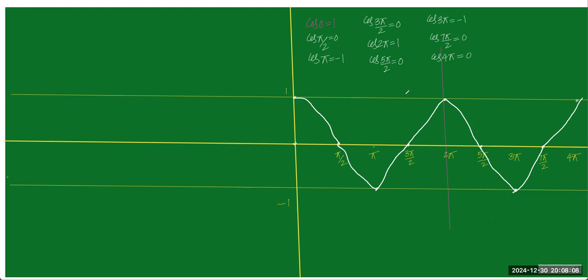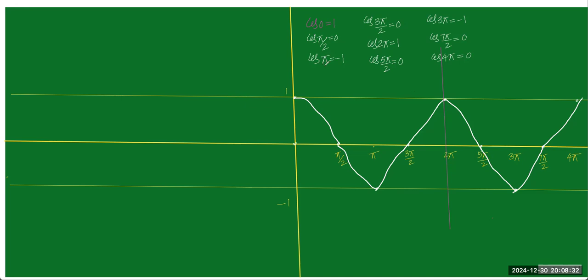And how will you start it? You should go first: cos 0 is 1, cos pi by 2 is 0. Then immediately go to cos pi, that is minus 1, 2 pi plus 1, 3 pi minus 1, 4 pi plus 1. Then the student understands that wherever it is a multiple of pi by 2, the answer will be 0. Whenever it is an odd multiple, the answer is negative.